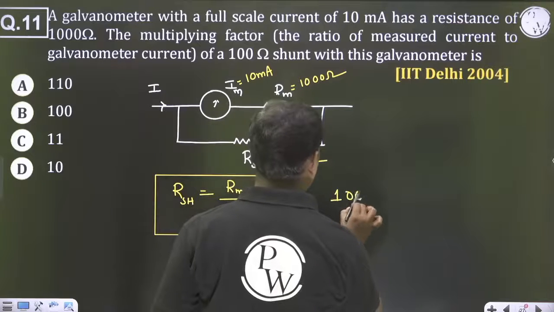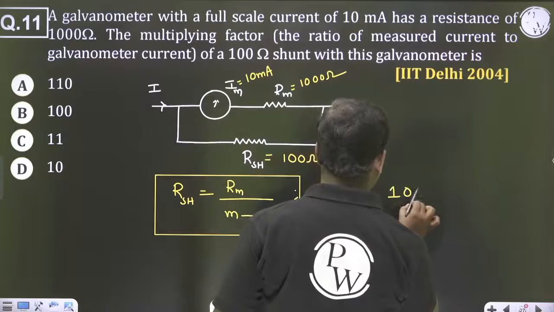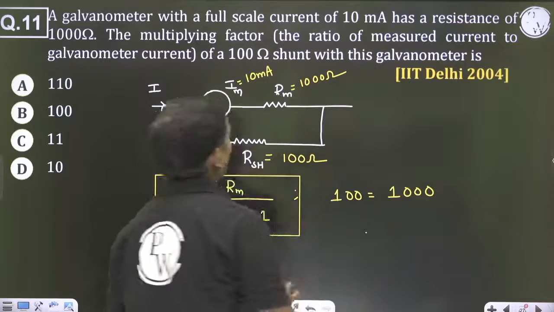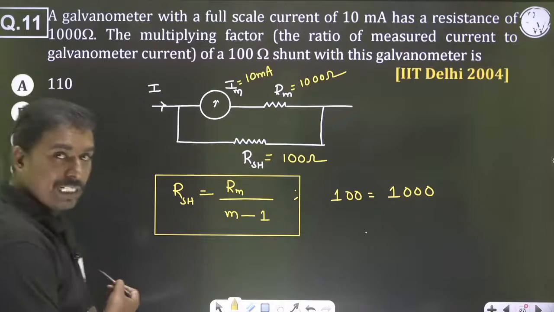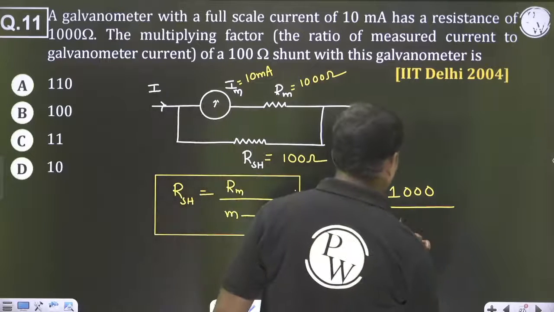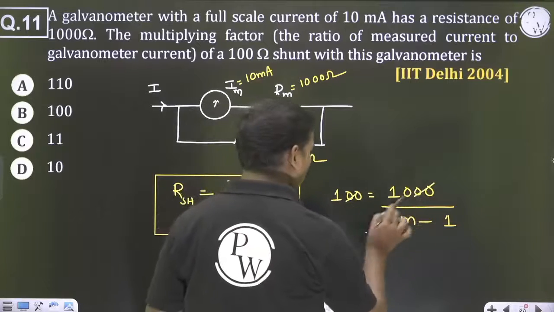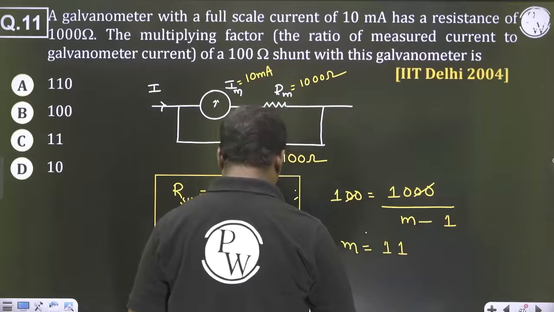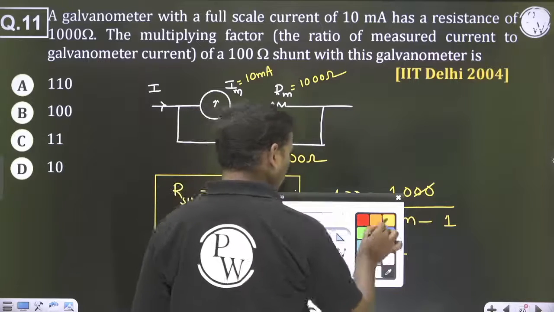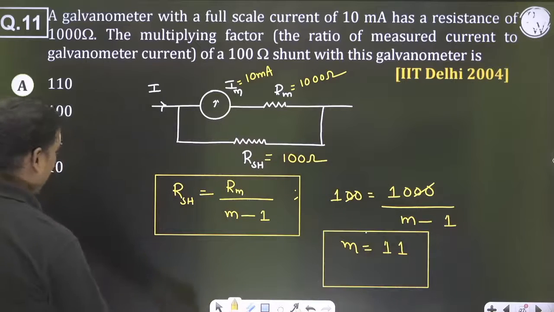Rsh is 100, Rm is 1000. M is being asked, right? Yes, we have to calculate M. 1000 by M minus 1. M is 11, right? It's 11. So the right answer.